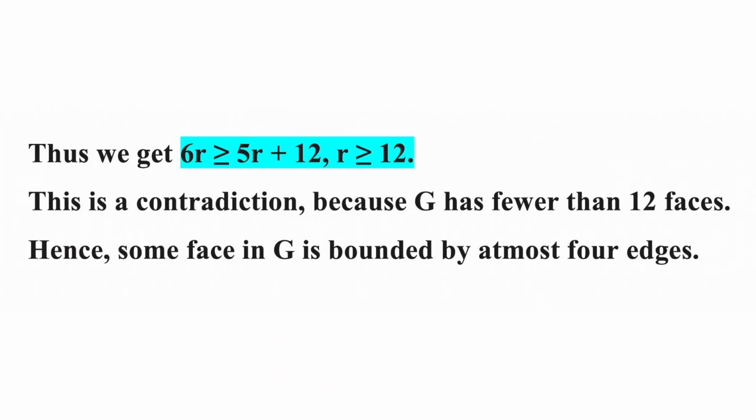Thus, we get 6r is greater than or equal to 5r + 12, where r is greater than or equal to 12. This is a contradiction because G has fewer than 12 faces. Hence, some face in G is bounded by at most 4 edges.